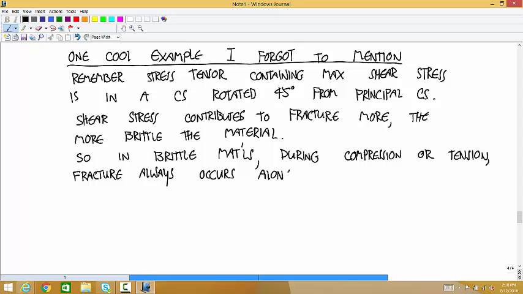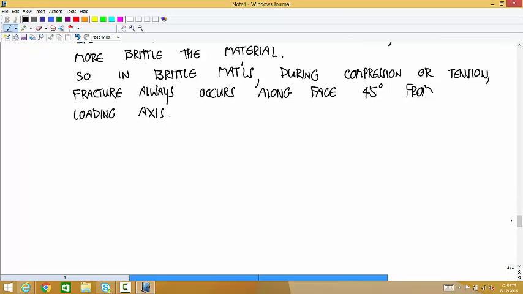So it always occurs along a face rotated 45 degrees from the loading axis. One example is compression fractures in the leg. Like when people get into car accidents and their foot hits the front underneath the dashboard, and you get bone fractures from that compression.